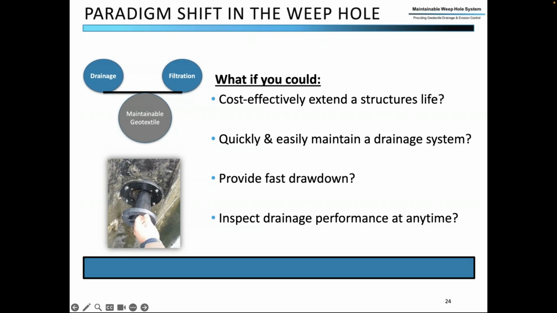What if that drainage system was maintainable, so you never got into the position where it's failed and you've got damage on the wall? A solution that would provide faster drawdown and something that is easily inspectable, so that an inspector just walking by can tell if it's working or not without having to touch it.